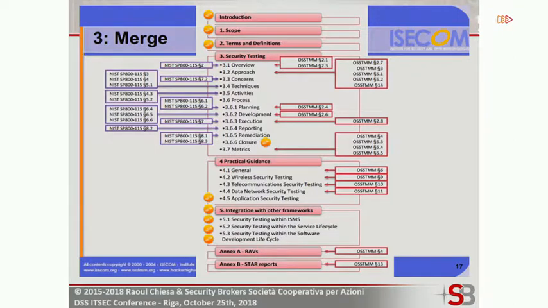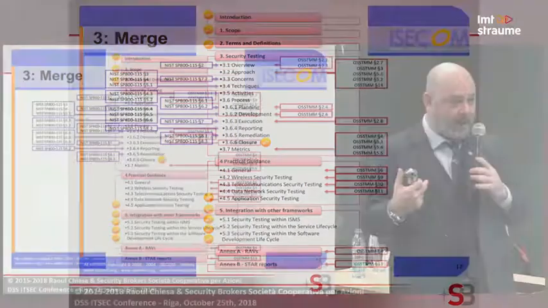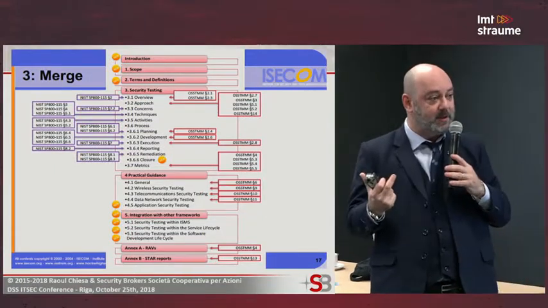What we are proud of is that ISO decided to put two annexes, Annex A and B, from ISECOM, and those are the two things that we are most proud of, because it's the scientific approach of the OSSTMM to the real results of pen testing.